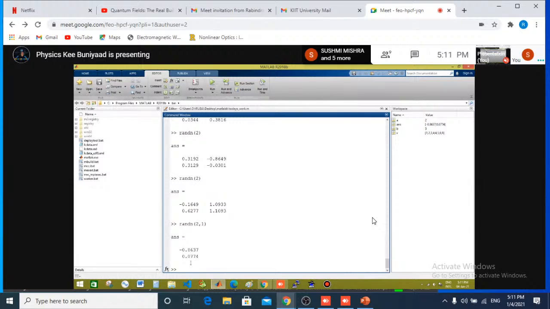When I take max of x comma y, here I have written x then y, so it will return the max numbers of the x vector first, then the y vector. So here the max value of the first row of x will be compared with the first row of y.